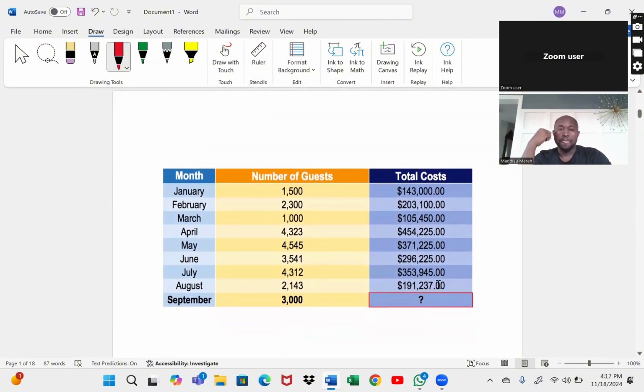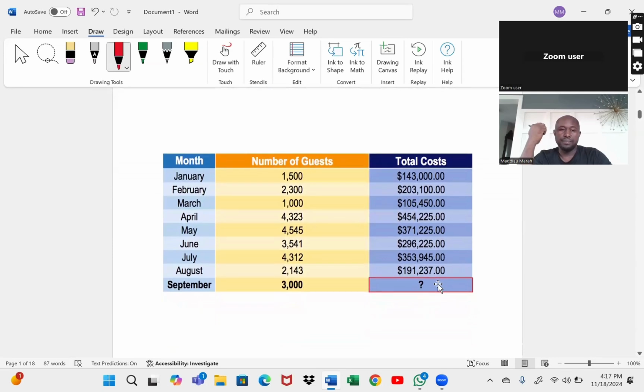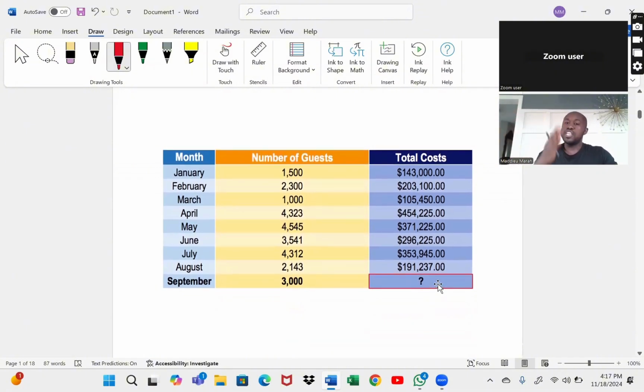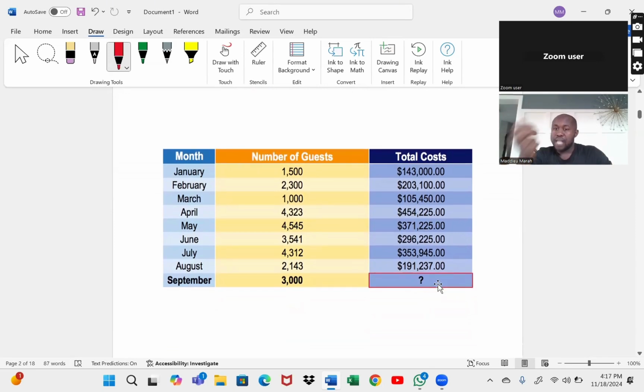Now for this, we have the months of January to September. Number of guests, so the activities, number of guests, and total cost. So you see each level of activity, which is the number of guests here, has its own cost. So in this question, we are asked to calculate the cost for September.